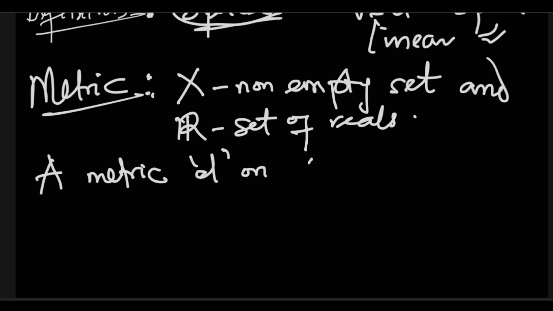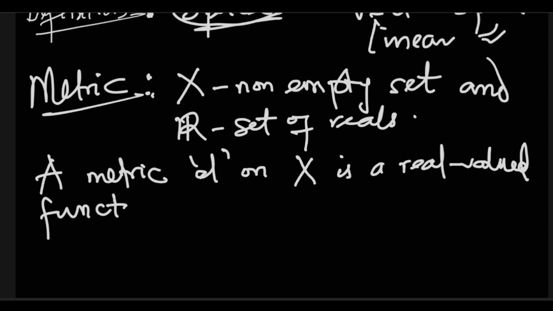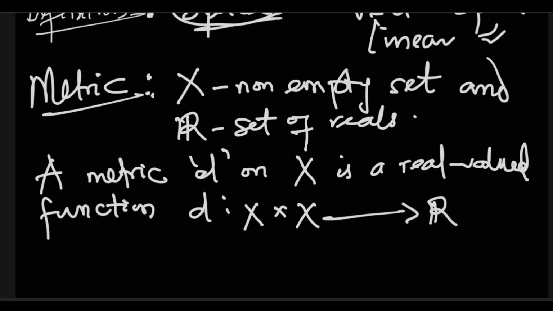A metric D on X is actually a real valued function, so you can define it this way. You have the Cartesian product of your non-empty set mapped to the reals.